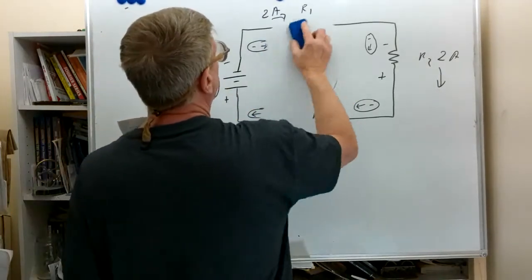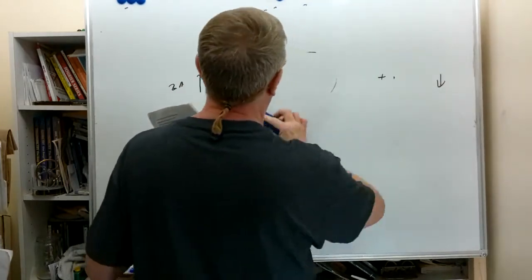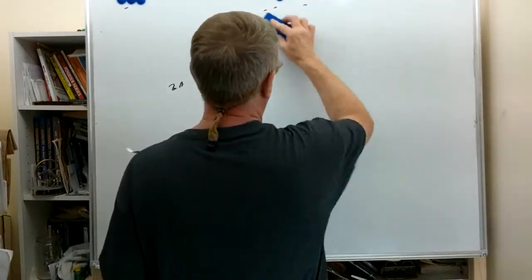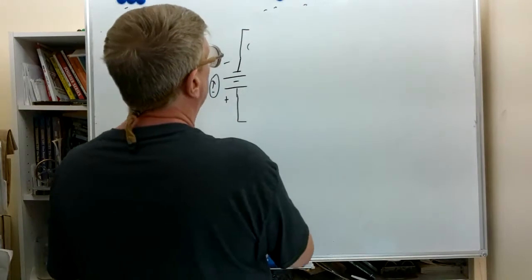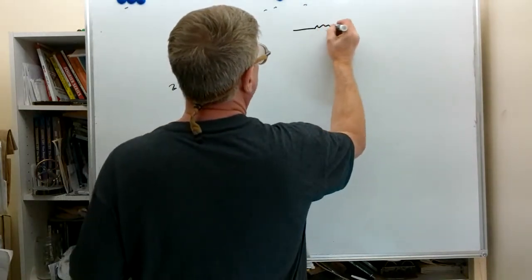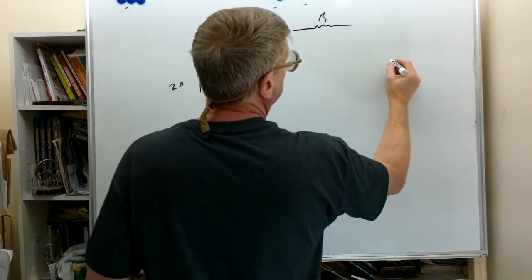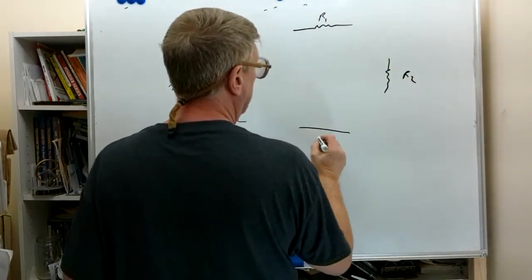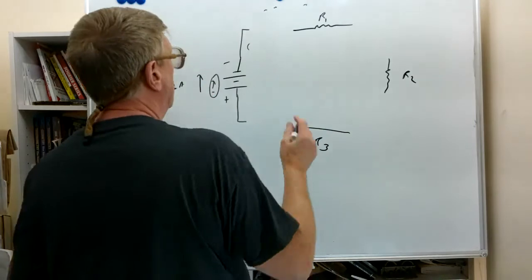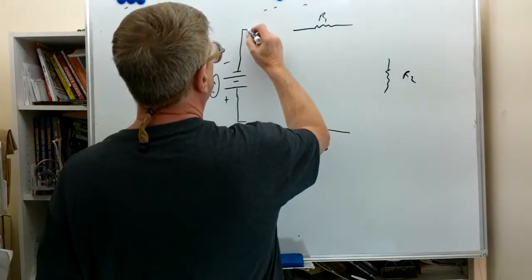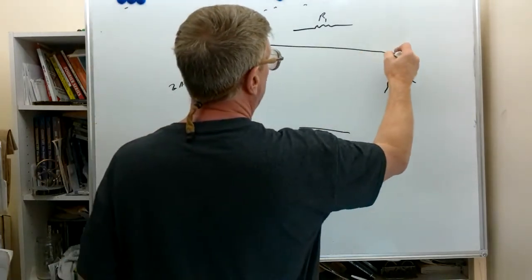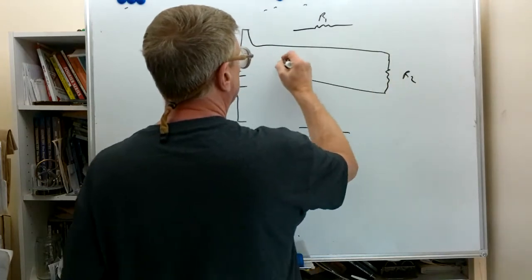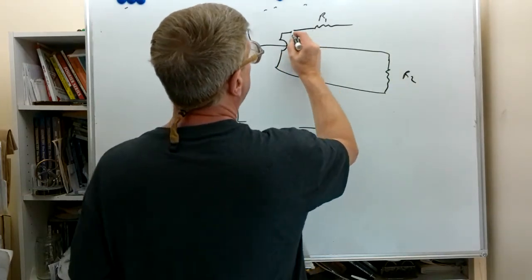And another thing we'll notice, I'm going to modify this drawing just a little bit. I'm going to put R1 back here, R2, R3. It really wouldn't matter if we went to R1 and then to R2.